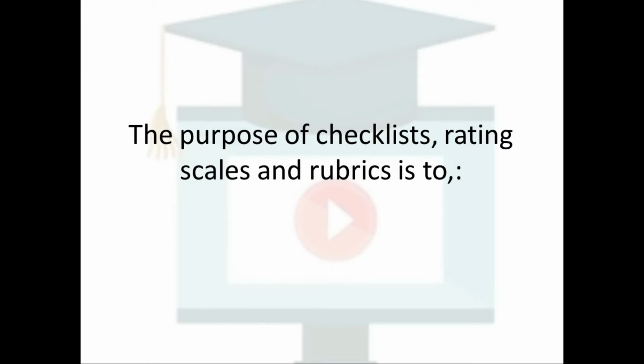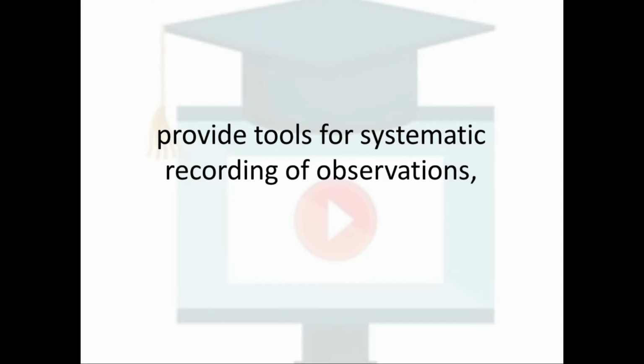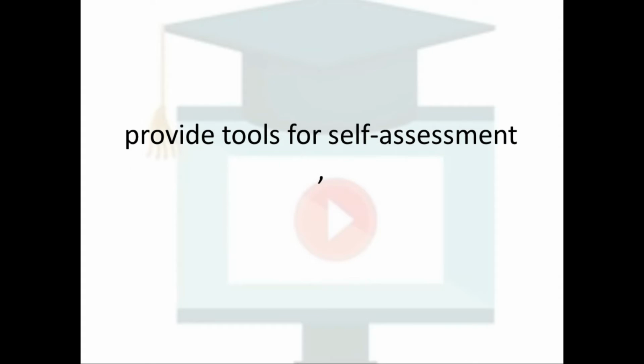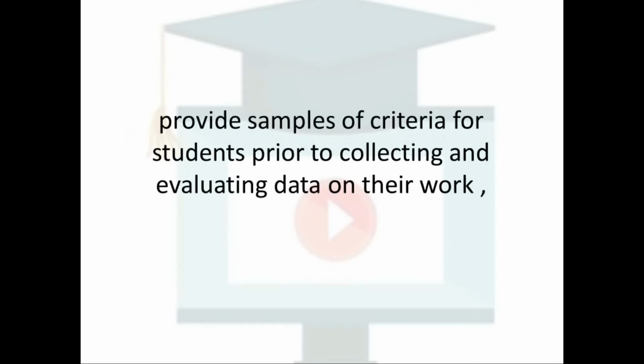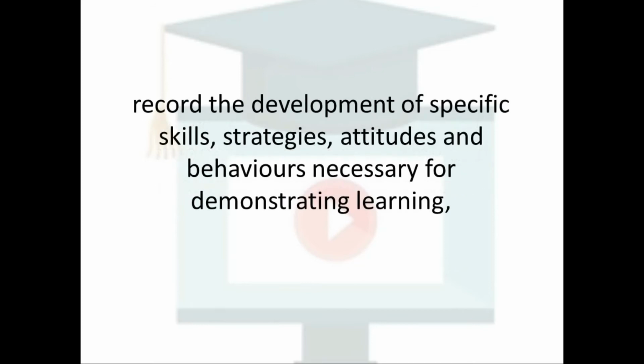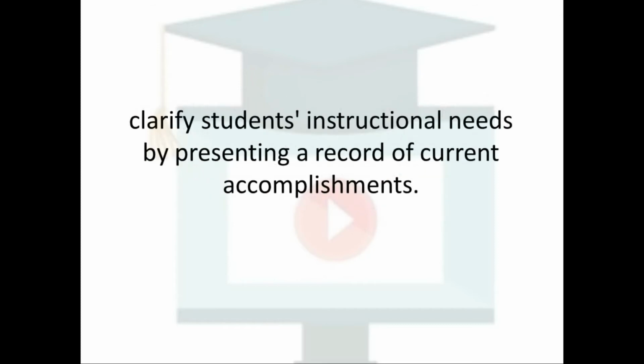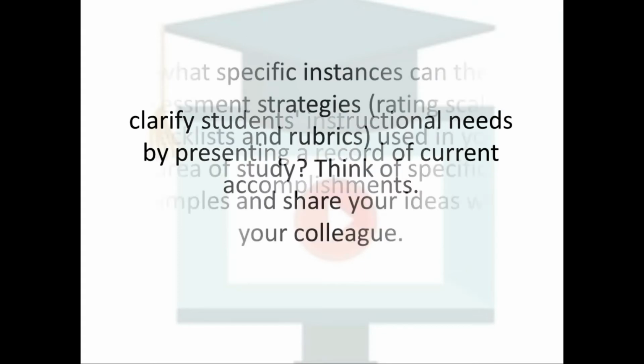The purpose of checklists, rating scales and rubrics is to provide tools for systematic recording of observations, provide tools for self-assessment, provide samples of criteria for students prior to collecting and evaluating data on their work, record the development of specific skills, strategies, attitudes and behaviors necessary for demonstrating learning, clarify students' instructional needs by presenting a record of current accomplishments.